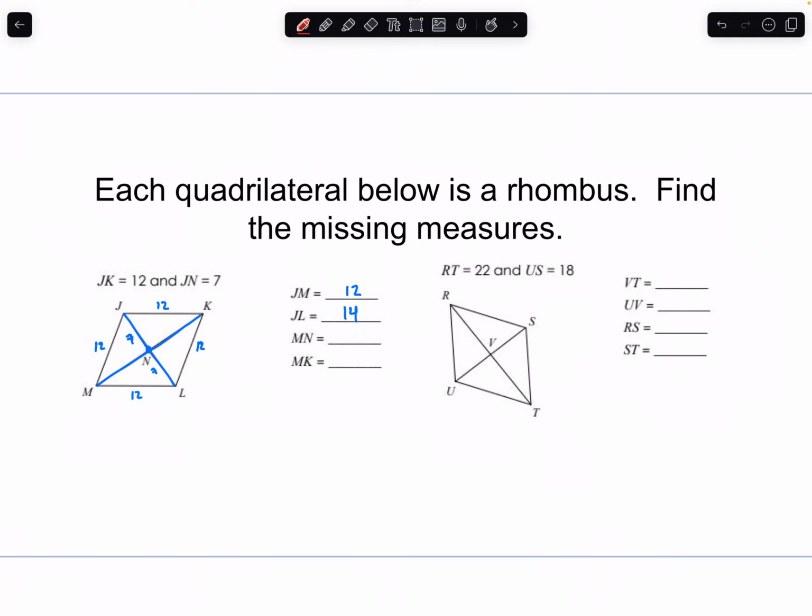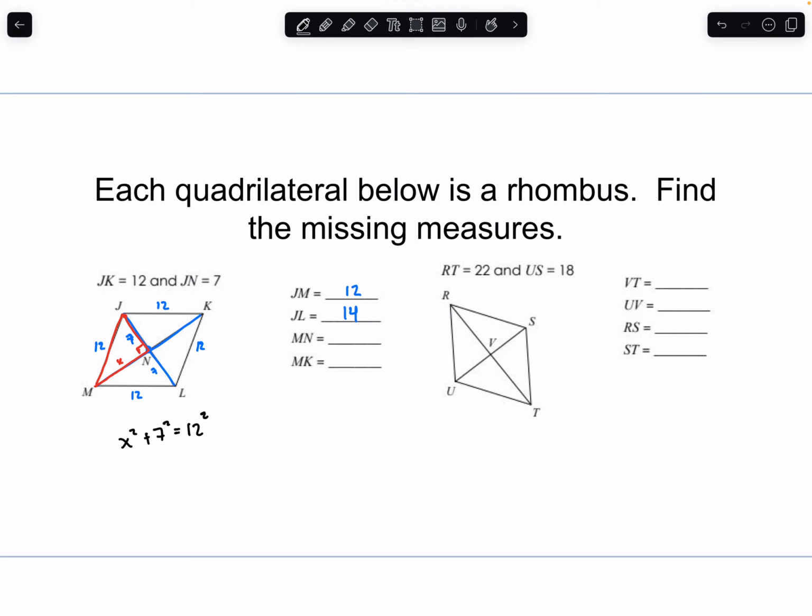Let's start with MN. How do I find this particular length? Let's call it X, MN. Well, since the diagonals are perpendicular, they form a right triangle right here. And I can use Pythagorean theorem to solve for that missing length. And that's exactly what I'll do. I'll do a squared plus b squared equals 12 squared.